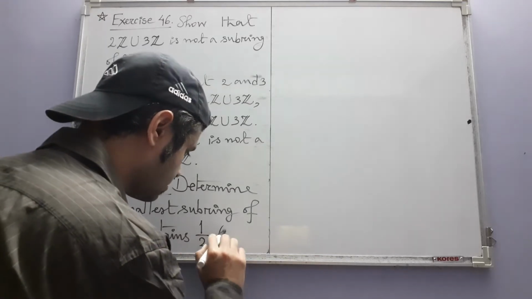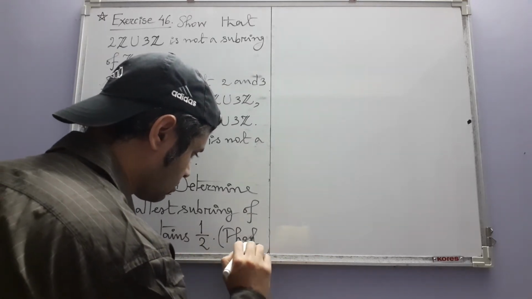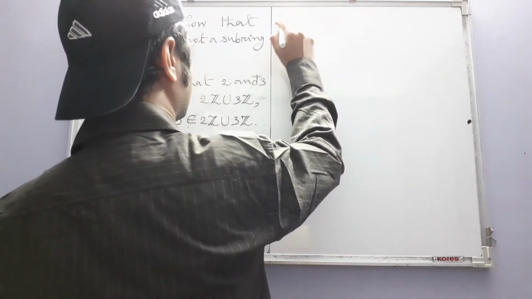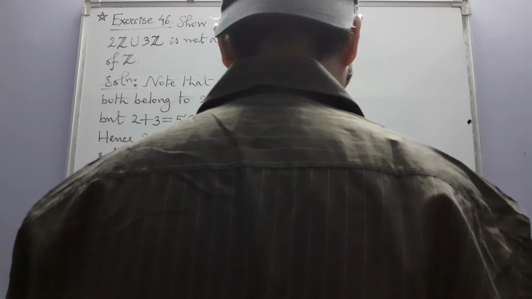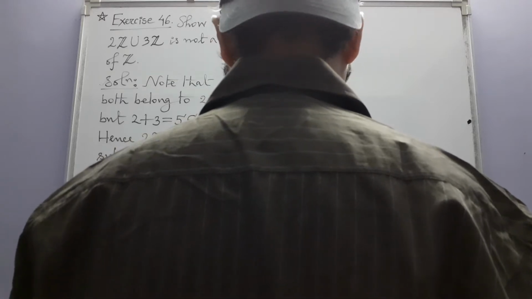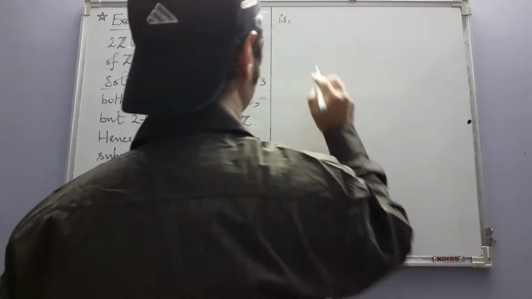That is, find the subring S with the property that S contains 1 over 2.